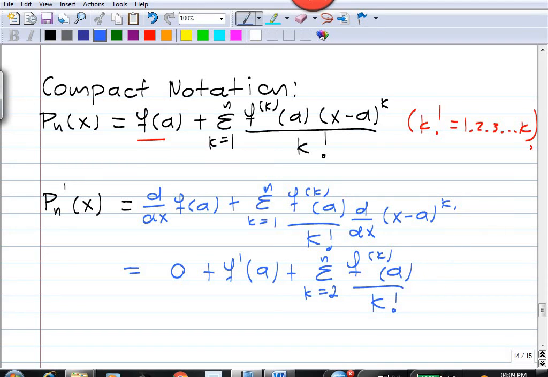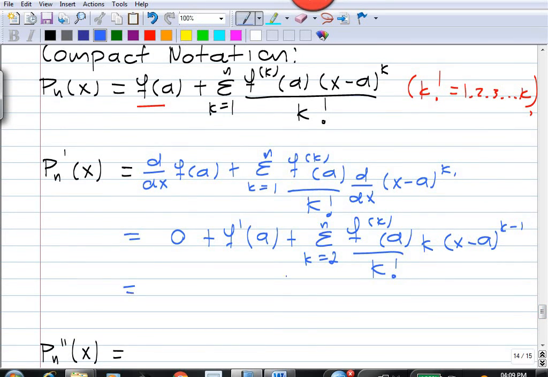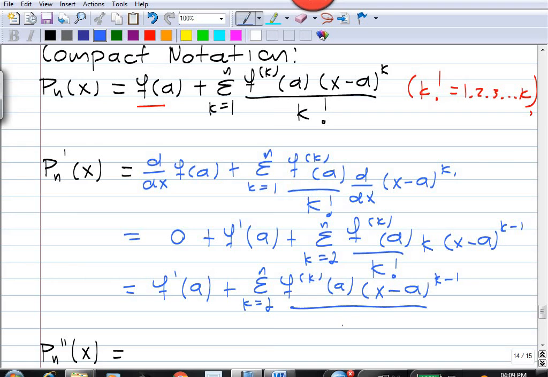Now we differentiate this, that gives us k times x minus a to the k minus 1, which, if we simplify, gives us f prime at a plus the sum k equals 2 to n. And notice now the k is going to cancel out with the k term down here in the factorial. So we're going to end up with the kth derivative at a times x minus a to the k minus 1 over k minus 1 factorial.